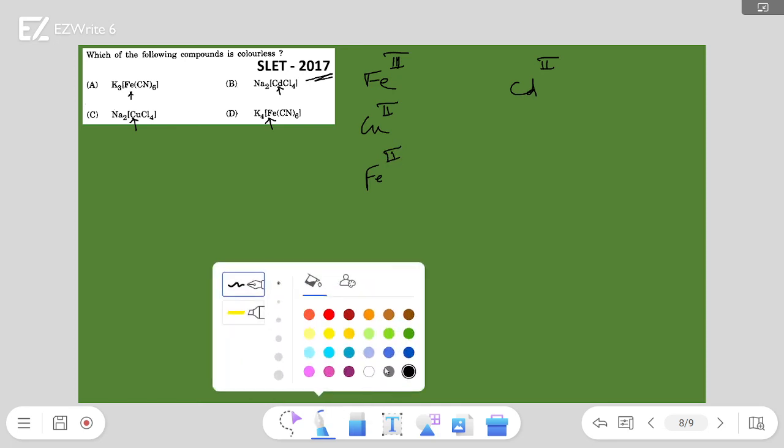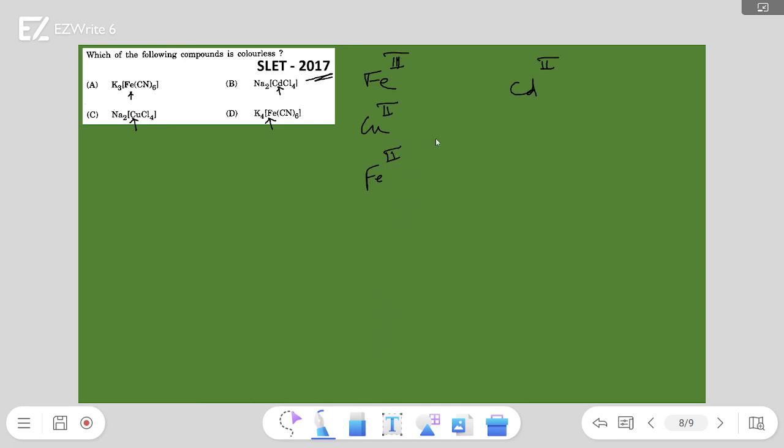If you go through the oxidation states and arrange the electrons, it will be 3d5 4s0, 3d9 4s0, 3d6 4s0, and friends, 4d10 5s0.